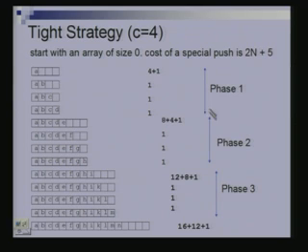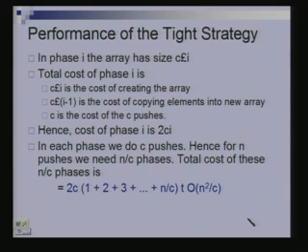And finally, I have this thing. So, I am going to call this one, when the size of the array was 4, phase 1, when the size of the array was 8, I call that phase 2, and so on and on, right. And let us see what is the total cost that we incur in this procedure. Okay, so there is a small problem here.